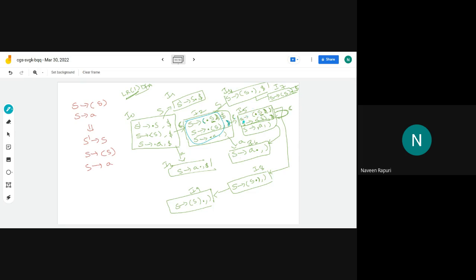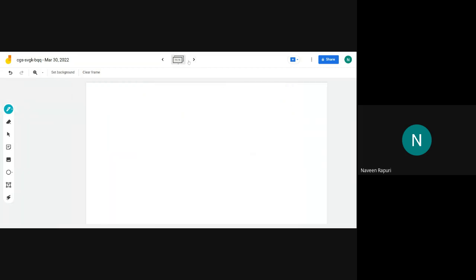Suppose if you see here, S dash derives open parenthesis dot S closed parenthesis. S dash derives dot open parenthesis S closed parenthesis. So I2 and I5 are matching. So we can write I2, I5 as merged state I25, sir.